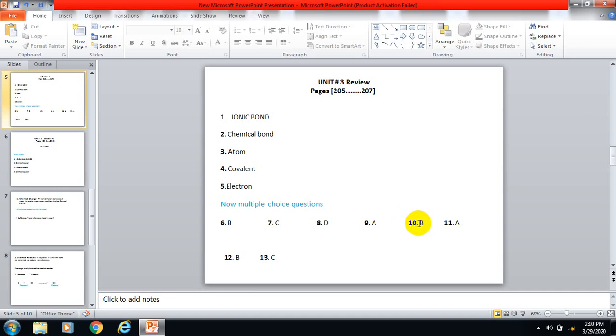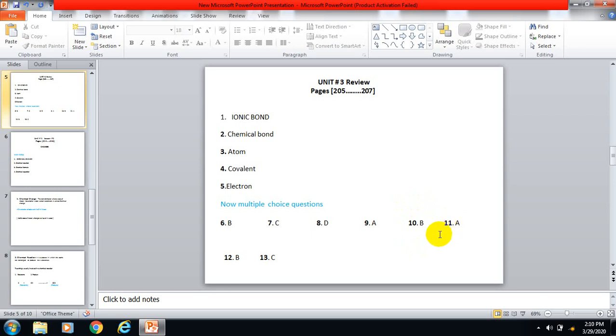The option is B. The 20 is the atomic number, Ca is the chemical symbol, calcium is the chemical name, and 40.078 is the average atomic mass. So the option is B. Remember this number 10 is the most important, to know how to identify an element or an atom. Understand?